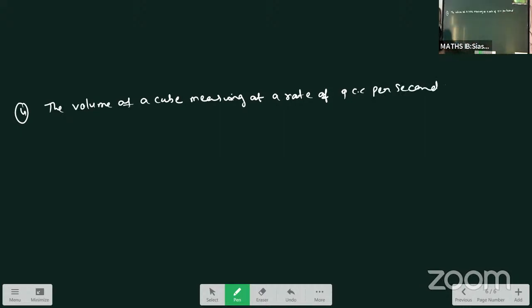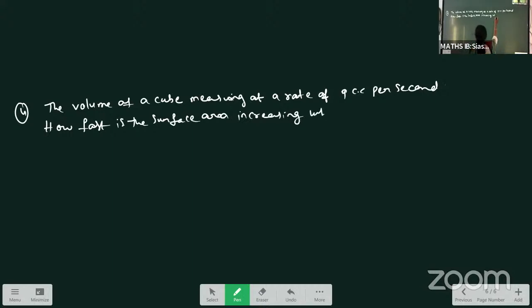How fast is the surface area increasing when the length of the edge is 10 centimeters?